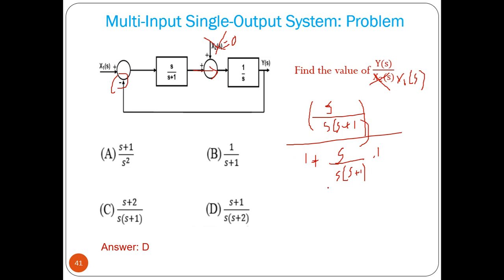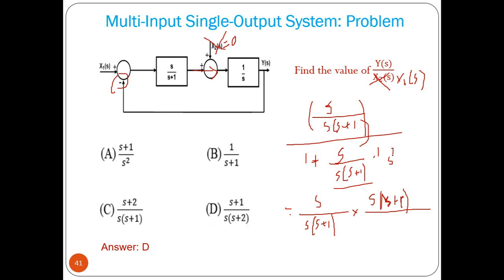Okay, so it will be s divided by s into s plus 1. So the factor goes to the numerator as s into s plus 1, and the denominator will be s into s plus 1 plus s.